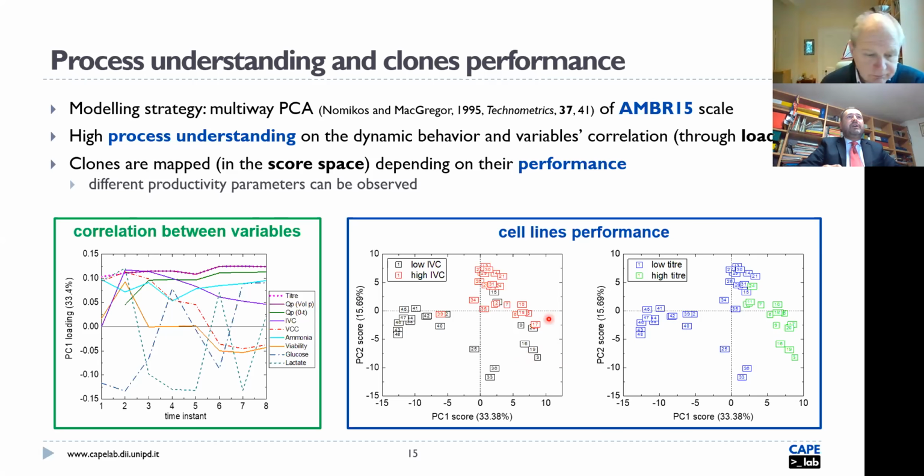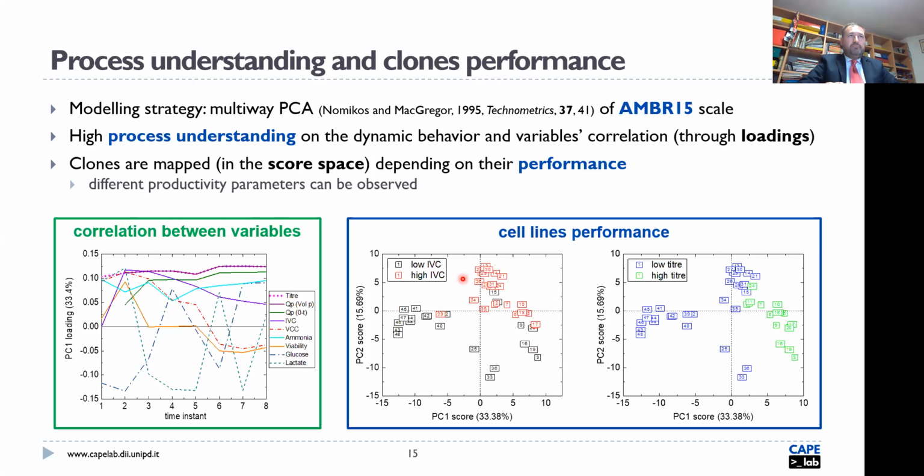Here you can see that the cell lines in red, which display a high IVC, can be clearly distinguished from the cell lines that in the experiment display a low IVC.